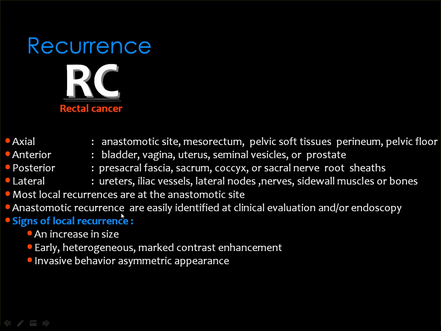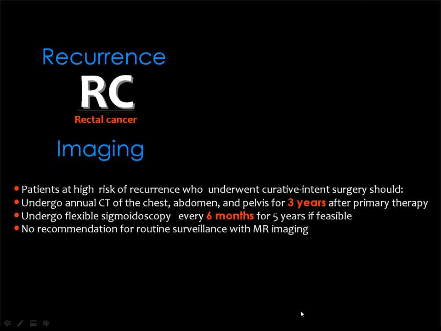Then anastomotic recurrence can be easily identified clinically and also by endoscopy. These are the signs of local recurrence: an increase in the size, early heterogeneous marked contrast enhancement, invasive behavior with asymmetric appearance.